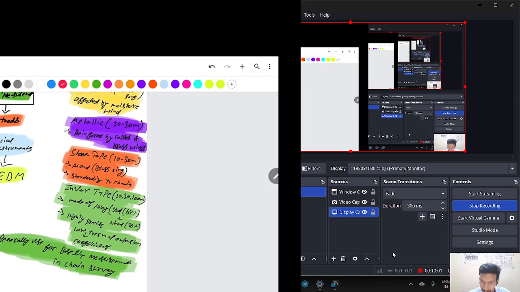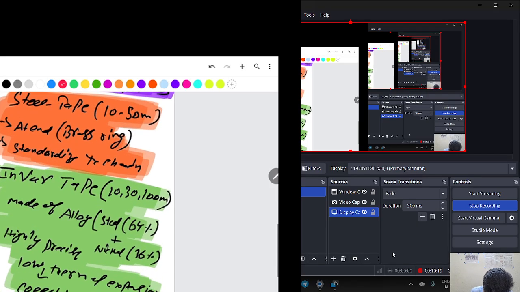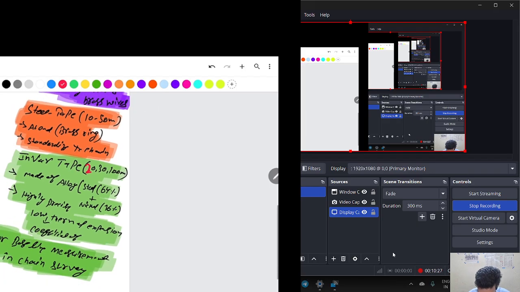The last one is the most important, where we require high accuracy, known as invar tape. It usually comes in 10 meter, 20 meter, 30 meter, and 100 meter, made of alloy steel and nickel.